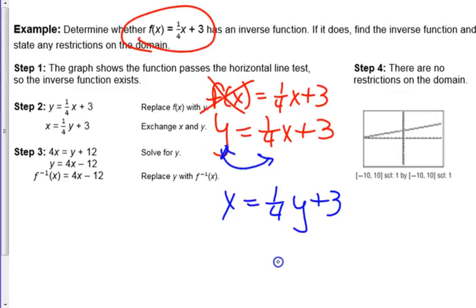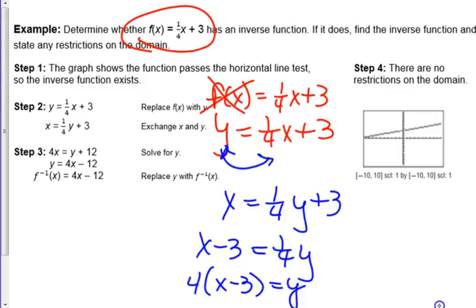The problem is I'm not going to accept that as an answer because you need to solve for the y. So I would subtract 3. Then I would multiply through by a 4 to get the y by itself. We good?